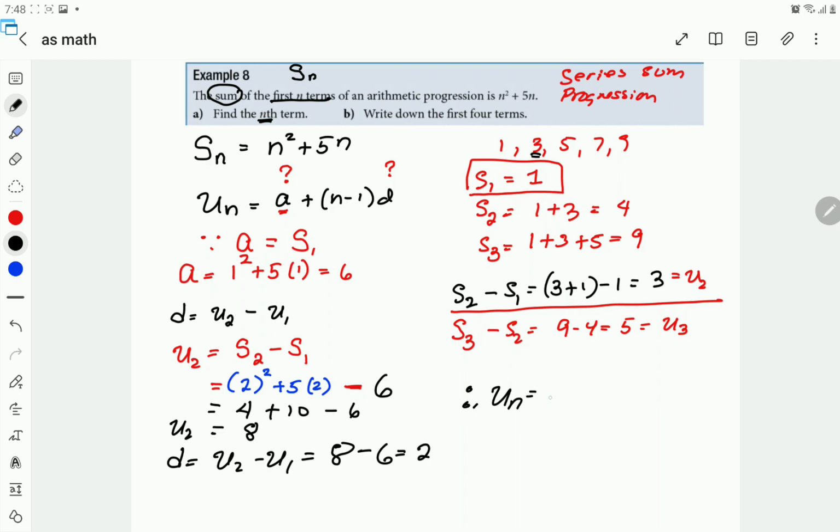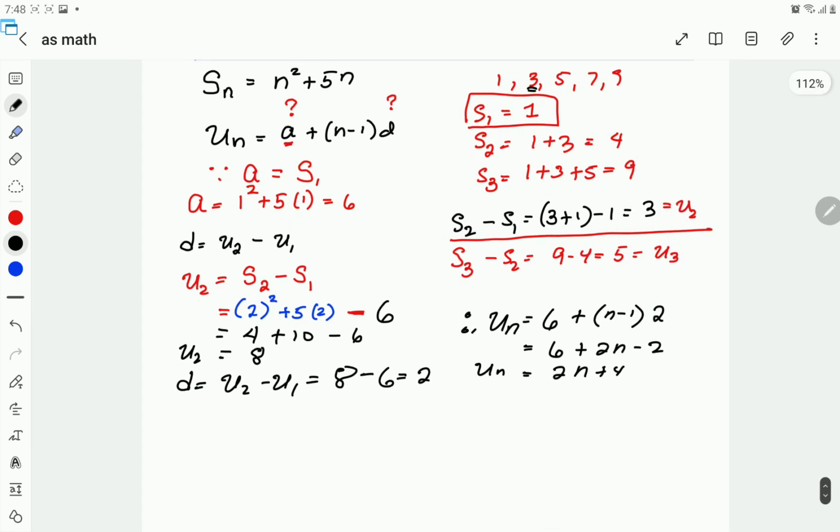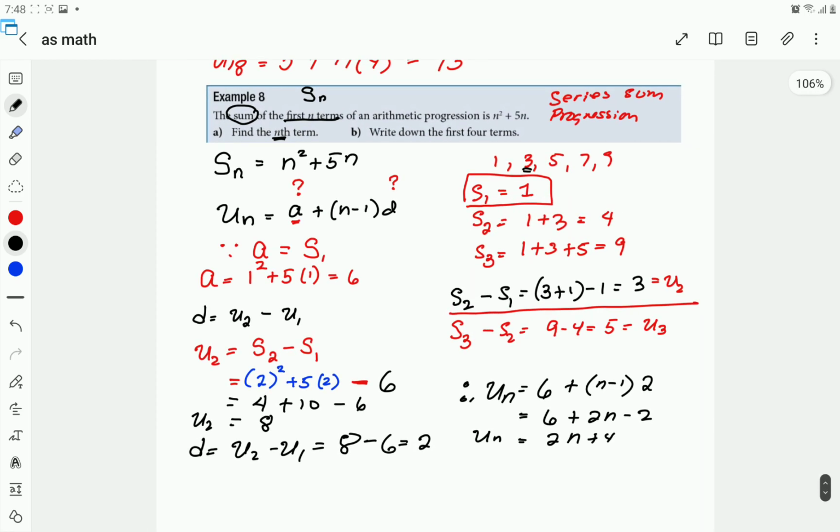That is the first term, which is 6, plus n minus 1 times the common difference, which is 2, which gives you 6 plus 2n minus 2, which gives you 2n plus 4. That is your u sub n. Basically, that's how you are going to answer this question.